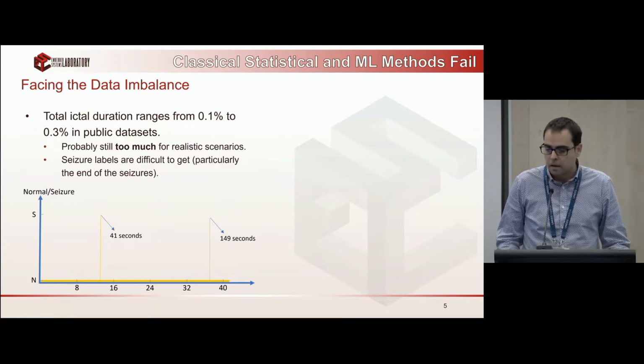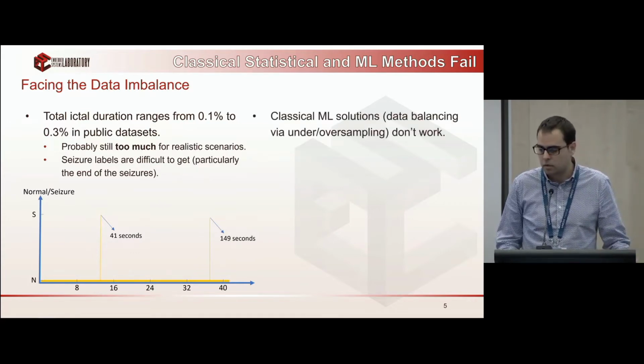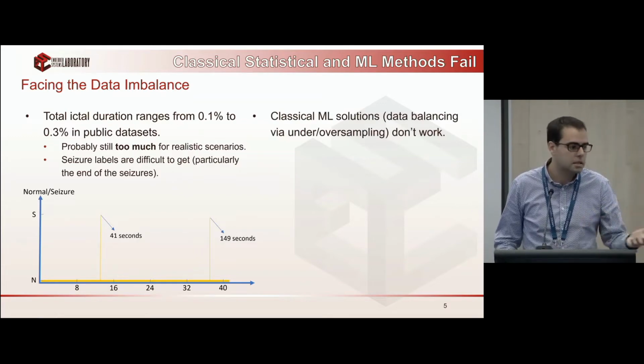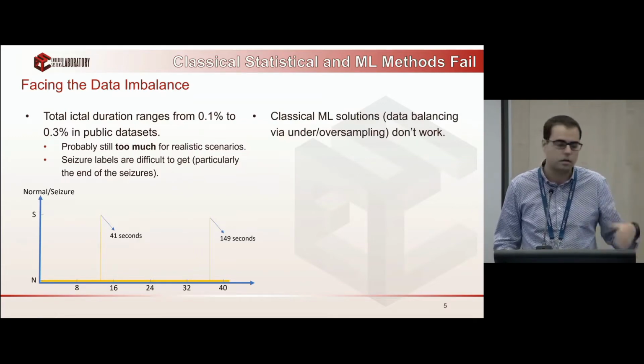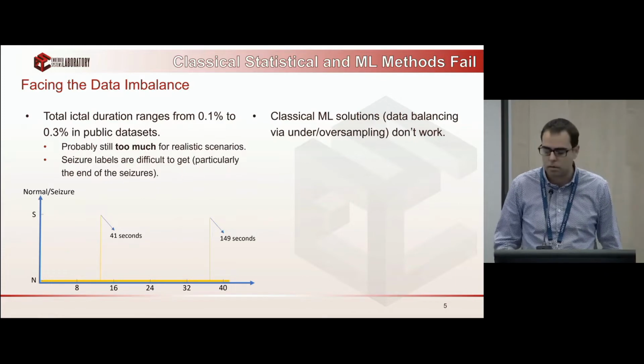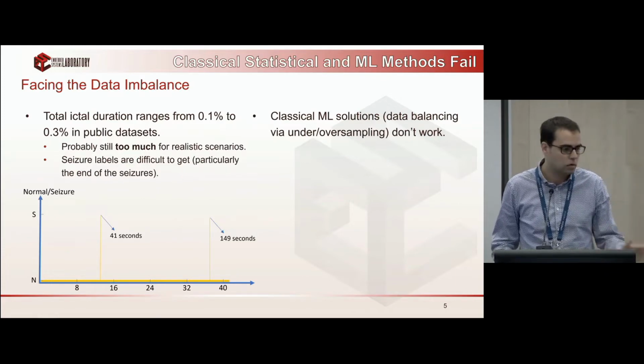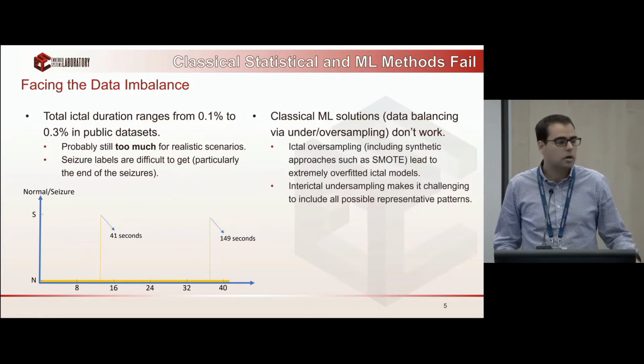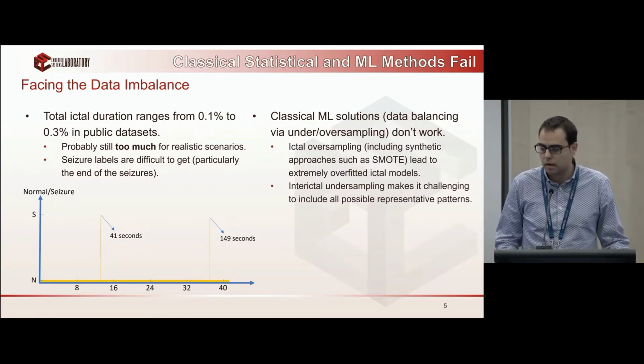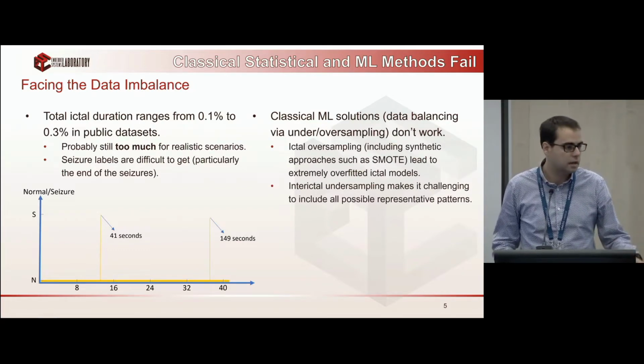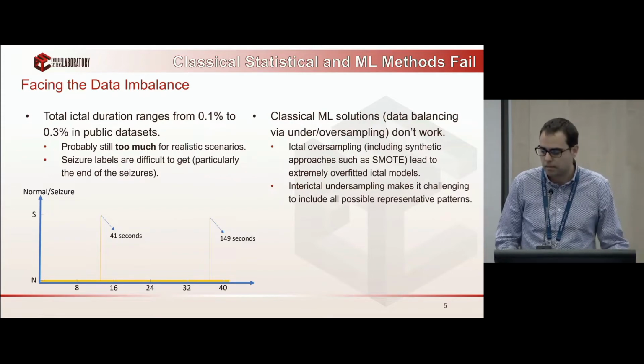The classical solutions from machine learning to data imbalance, which basically are balancing the data via undersampling or oversampling, they simply don't work. If we do ictal oversampling, this usually leads to extremely overfitted ictal methods that don't generalize well.